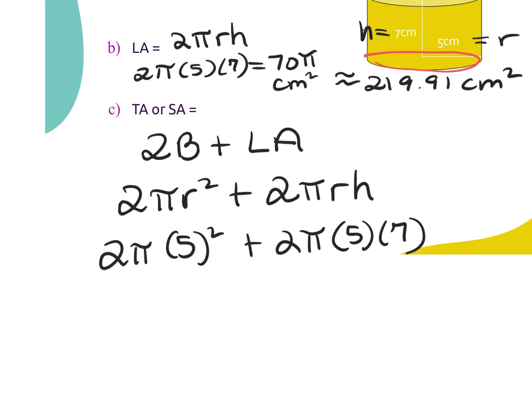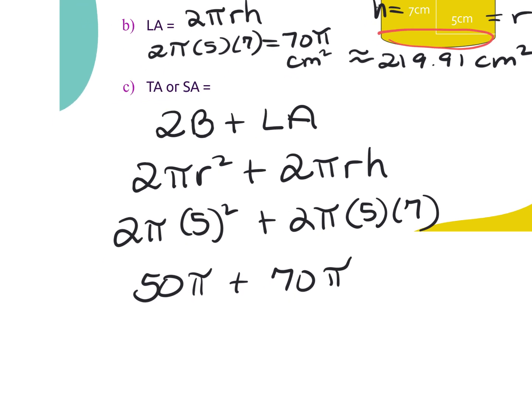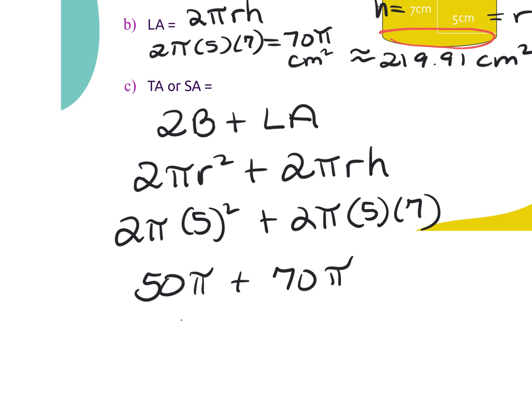So we already did the base. Remember, it was 25 pi, but we got 2 of them. So this will actually become 50 pi. And then here, this is the same that we just calculated in part B. It's the 70 pi. And then if it says leave in terms of pi, 50 plus 70 is 120. And these would be centimeters squared still.